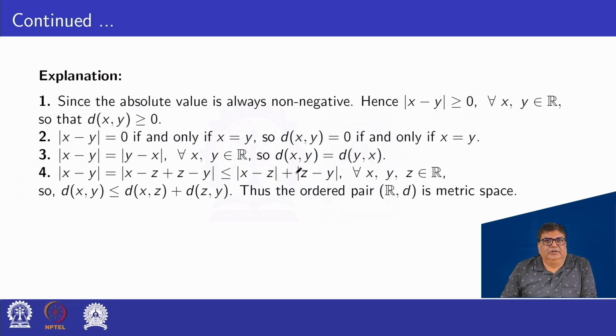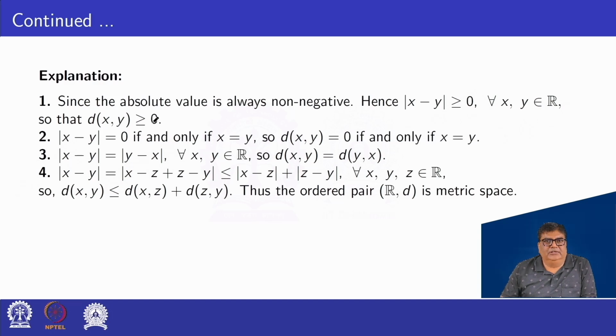Explanation: since the absolute value is always non-negative, hence |x − y| ≥ 0 for all x, y belonging to R. So that d(x,y) ≥ 0.